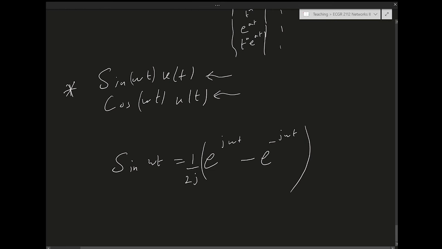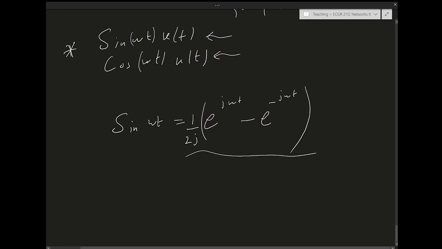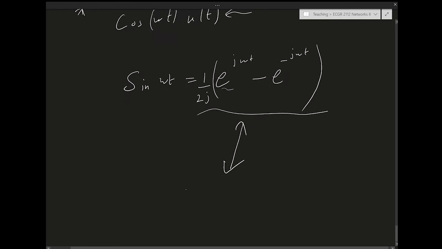This is from calculus, or I think we talked about this at the beginning of the course. You can write the sine this way. And then we know how to do the Laplace transform for an exponential function. The Laplace transform is linear, so it's going to be 1 over 2j. Of course, there's always u(t) here.